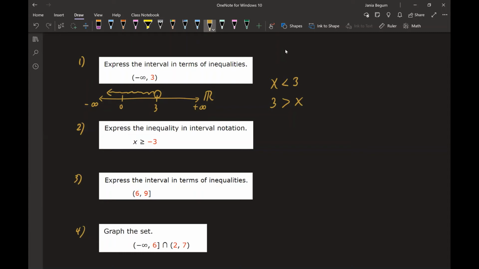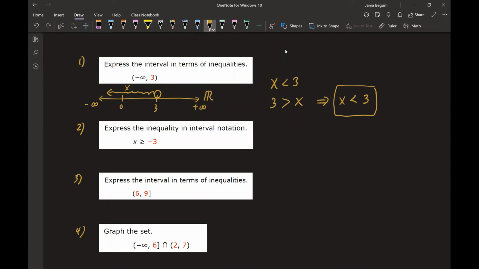So if you say x is less than 3, or if you say 3 is greater than x, both of these are correct. 3 is greater than x is equivalent to saying x is less than 3. Again, x represents your dummy variable. So x is all of this. So it is everything that's less than 3. So that's why this will be the correct inequality notation.